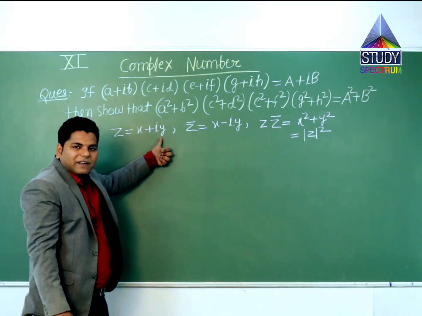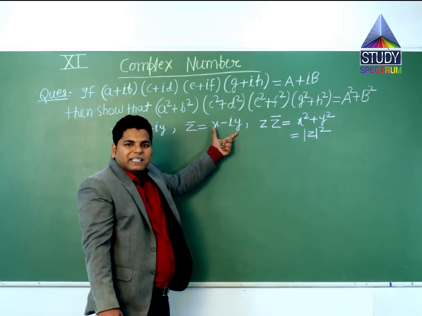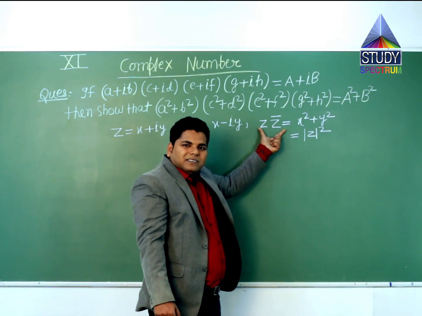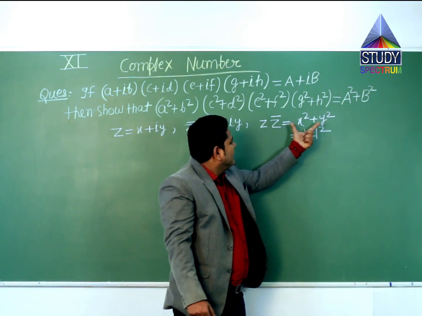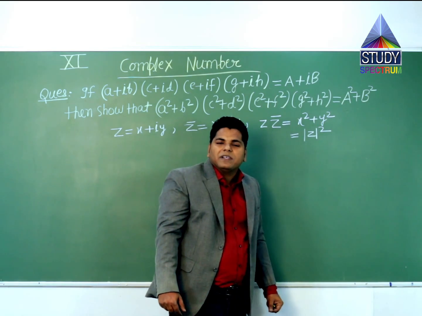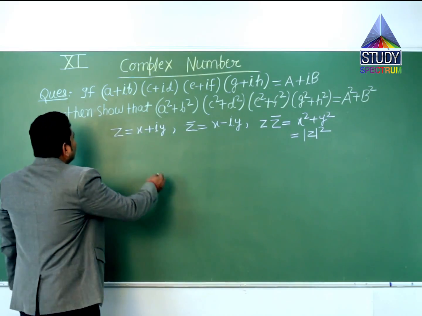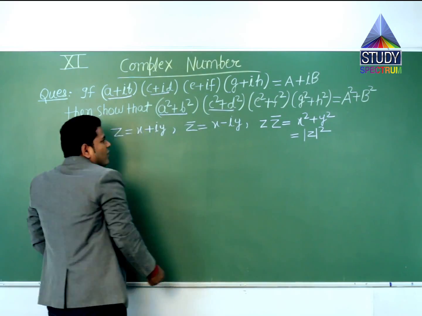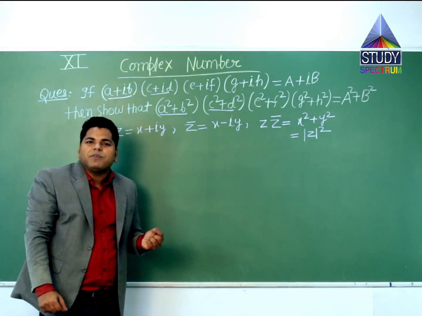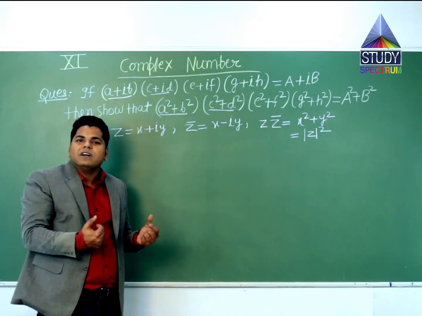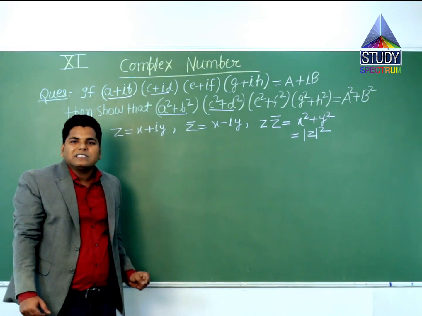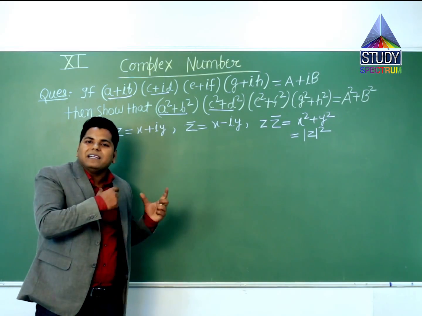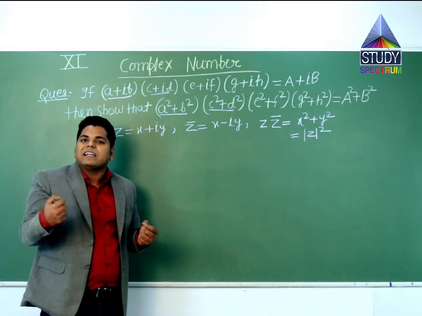Z is x plus iy, z bar is x minus iy. Then when you multiply both z and z bar, you will get x square plus y square. So first we find the conjugate of the left hand side and right hand side. After that we multiply the left hand side and the right hand side.